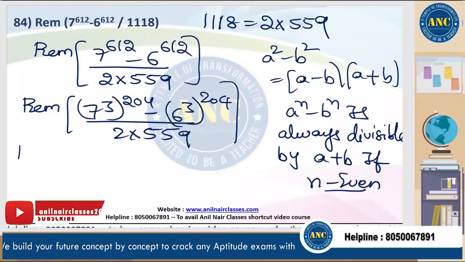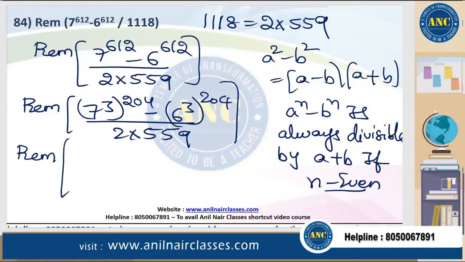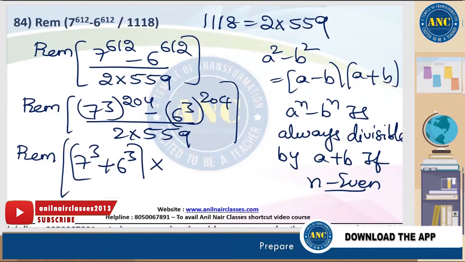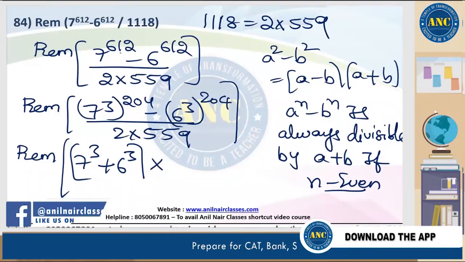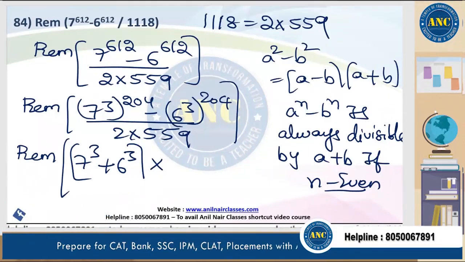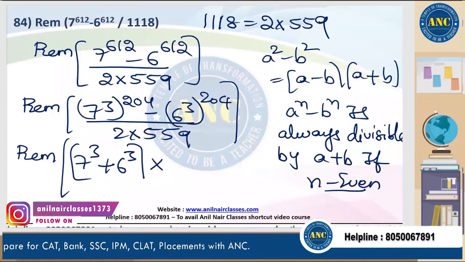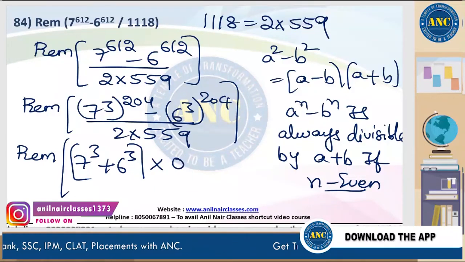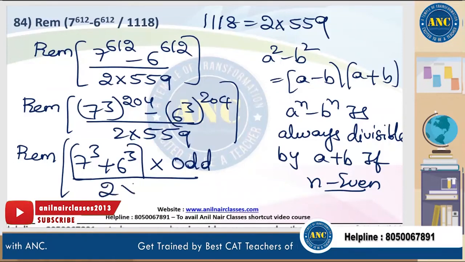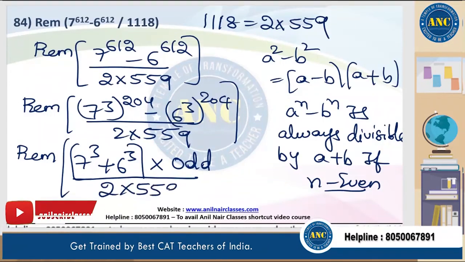So the numerator is divisible by 7 cube plus 6 cube into something. Odd number power any number is odd, even number power any number is even, odd minus even is odd, odd plus even is odd, into the remaining number is odd, divided by 2 into 559.